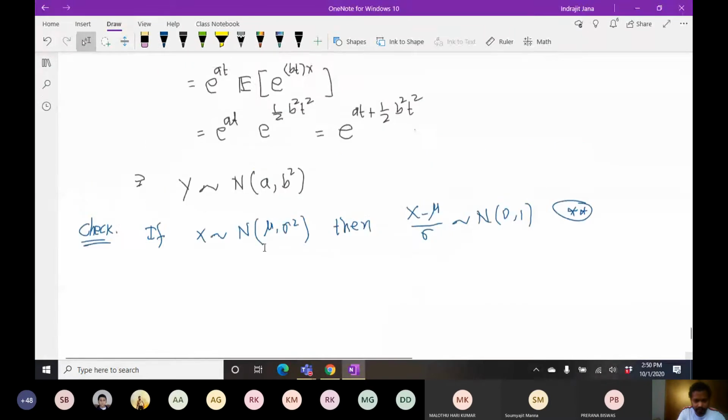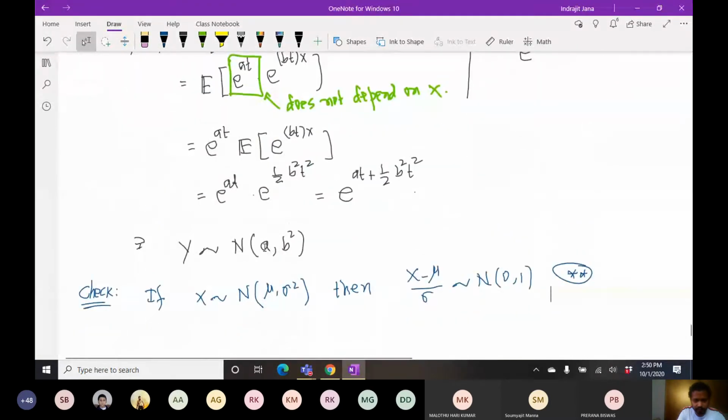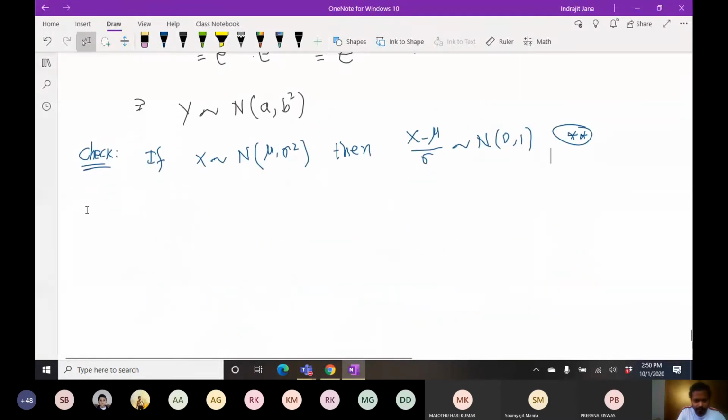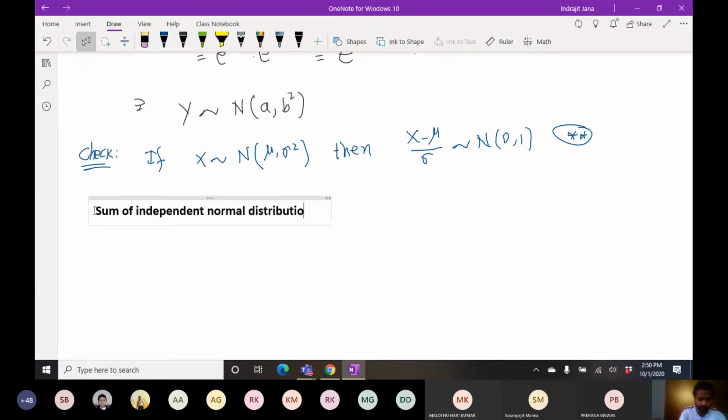All right. The next thing is again about the normal distribution, and it is about the sum of independent normal distributions.